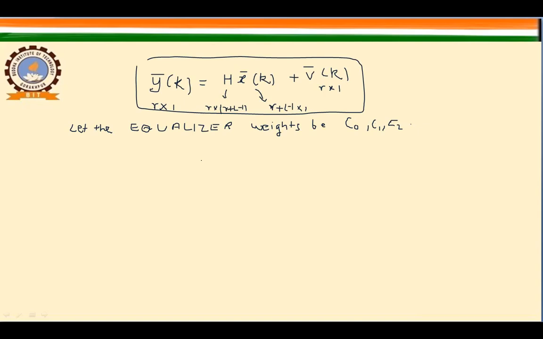Then we have to write the matrix C is equal to C naught, C1 and C2, right? So this is called the equalizer vector, and it is R cross 1. R tab value is 3, 3 cross 1.